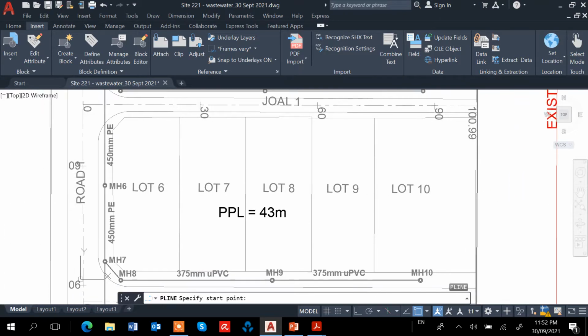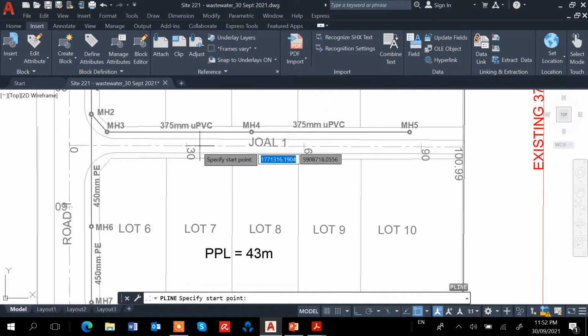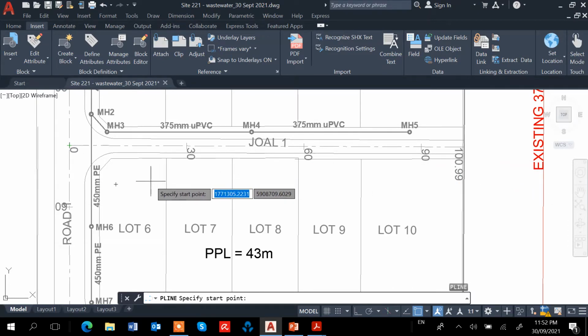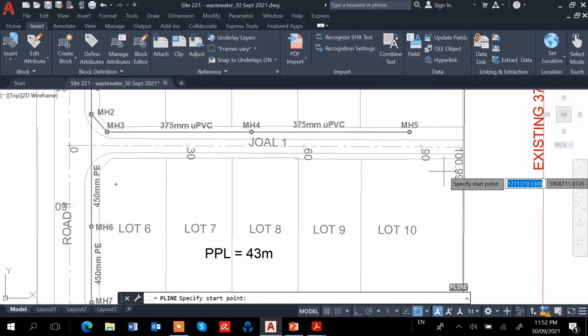So I'm not going to use a chainage. The chainage of this dual one is 0 to 100.99. So I'm not going to use the chainage because it's going over the outside development.